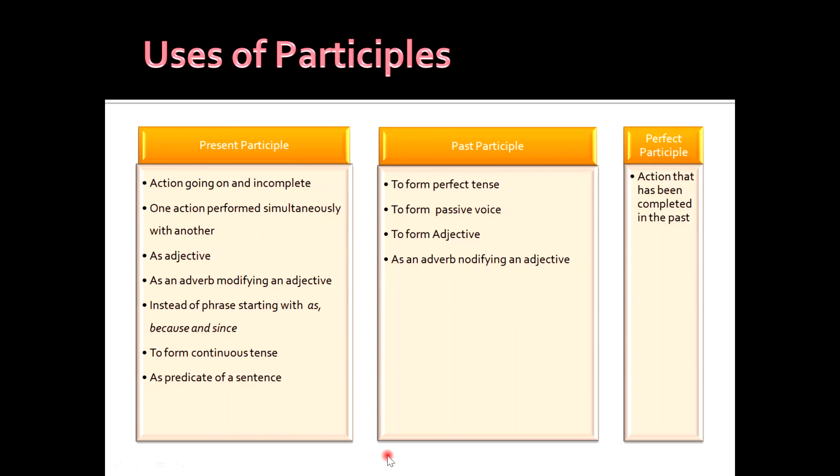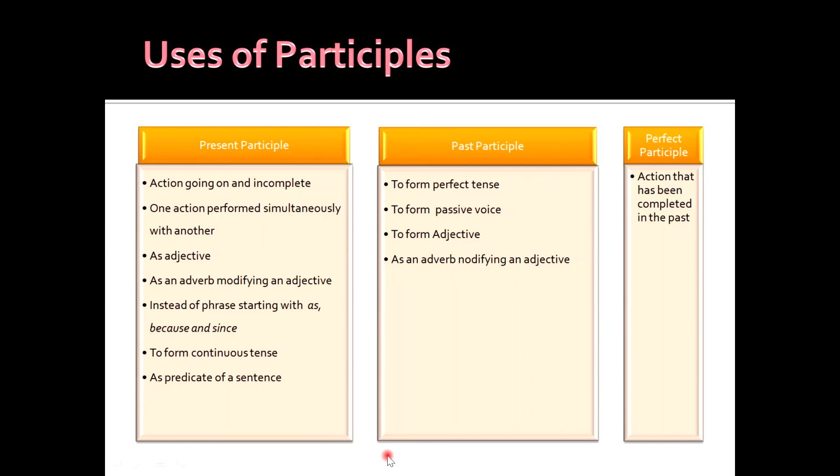For example, as she was hungry, she ordered a heavy meal. Being hungry, she ordered a heavy meal. To form continuous tense, I am studying. Then, as a predicate of a sentence, like the drama was moving, something that comes after the verb, which tells something more about the subject or the whole sentence.